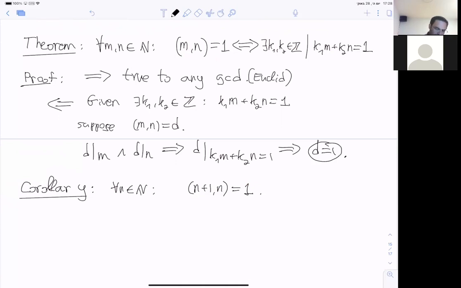Yes. So you can write n plus 1 minus n. So the coefficient here is -1, and here is 1. That's all.